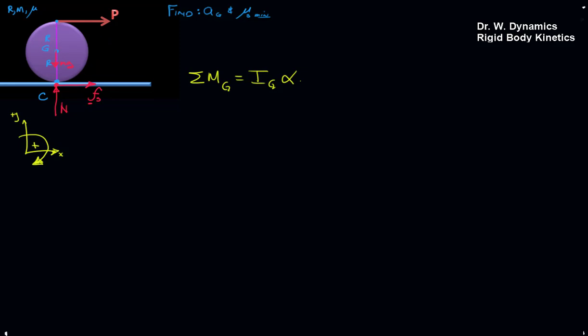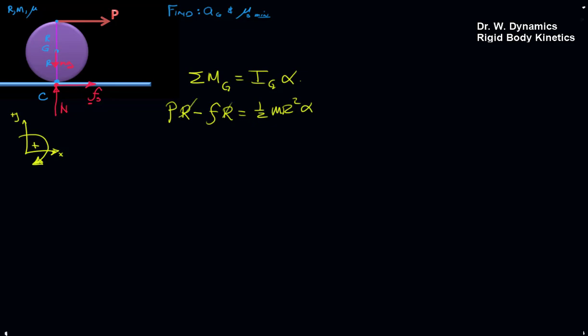So using that convention, we have P times R minus F times R is 1/2 mr squared alpha.